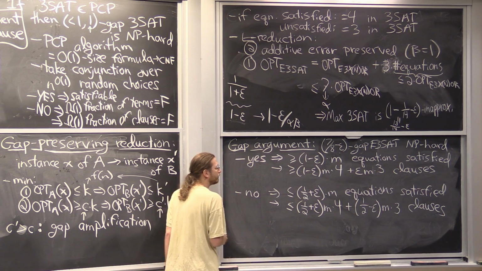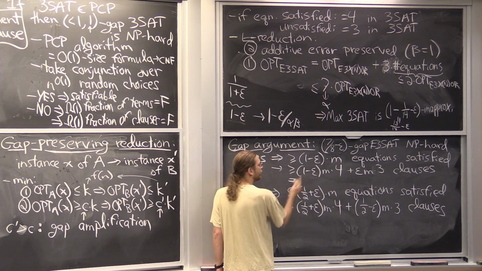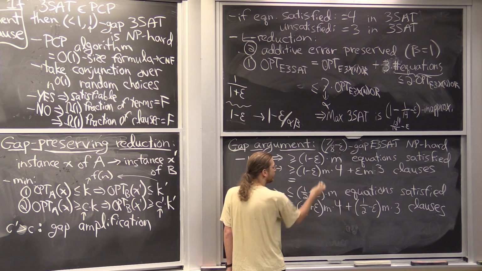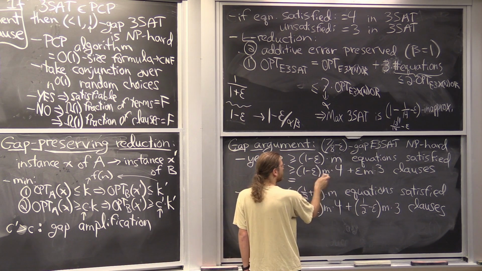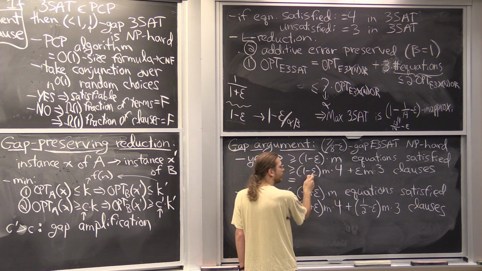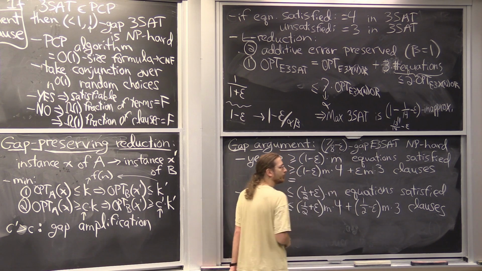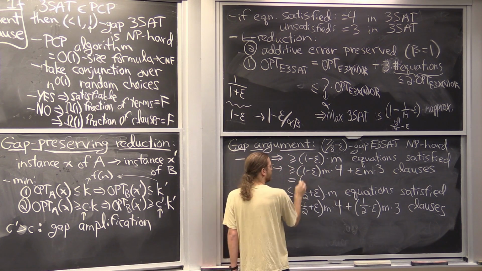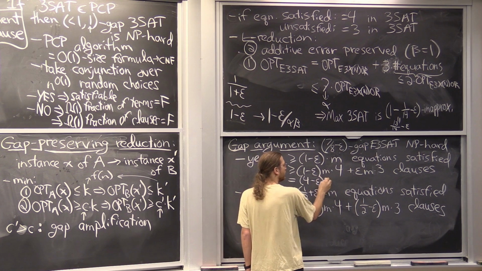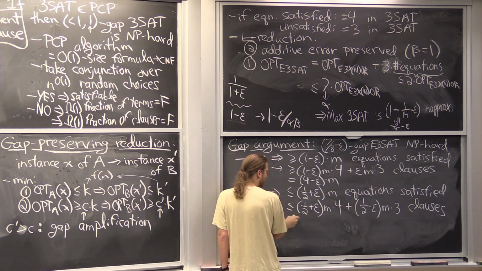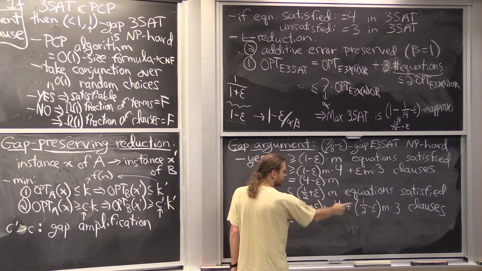Okay, now I just want to compute these. So everything's times m. And over here we have 4 minus 4 epsilon. Over here we have plus 3 epsilon. So that is 4 minus epsilon times m. And here we have, again, everything is times m.